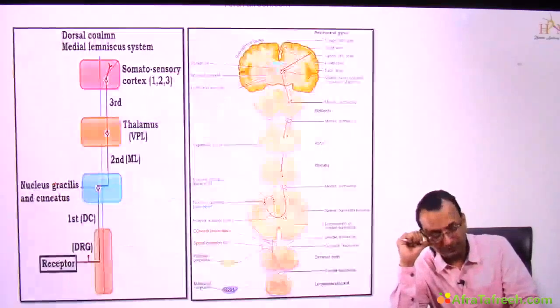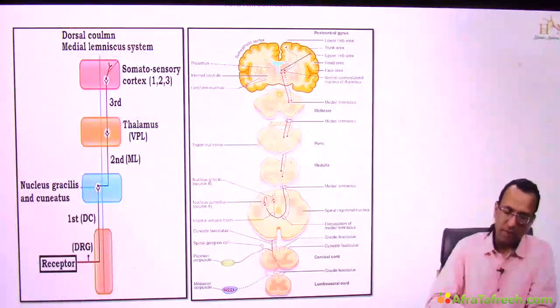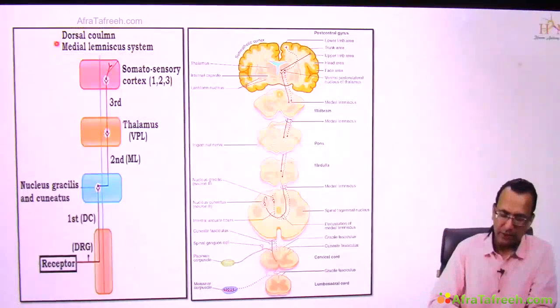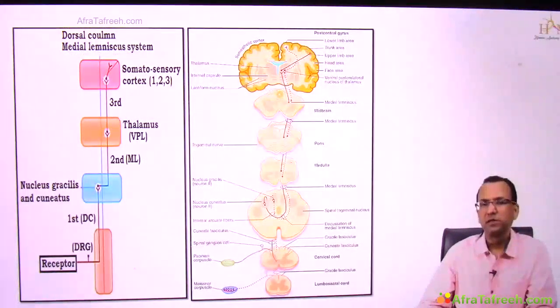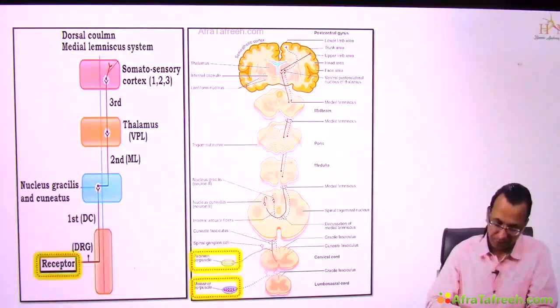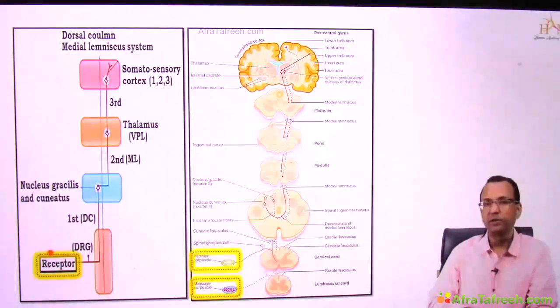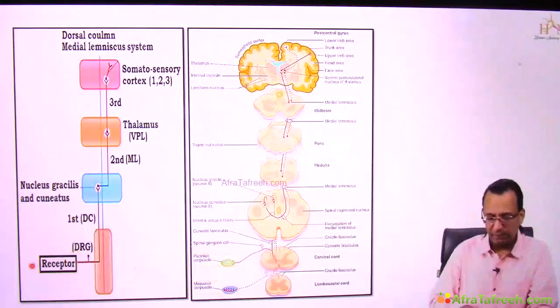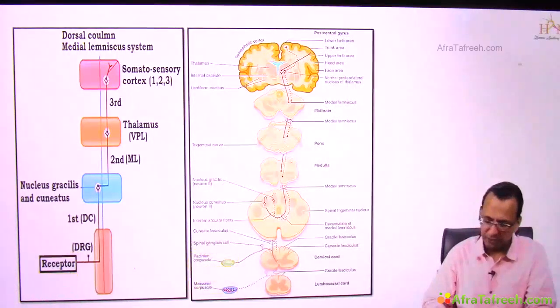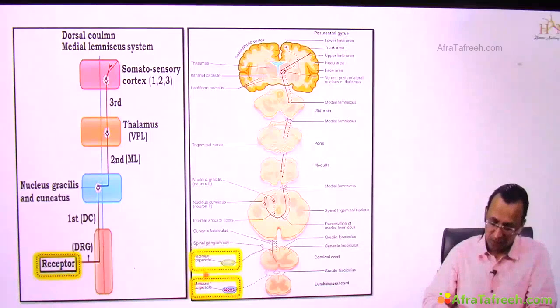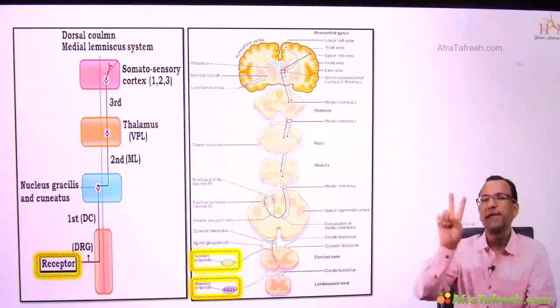When you're talking about the dorsal column medial lemniscal system, what is the receptor you're thinking about? They are the Meissner corpuscle and the Pacinian corpuscle. Do you remember we have discussed Meissner corpuscle is for 2-point discrimination?